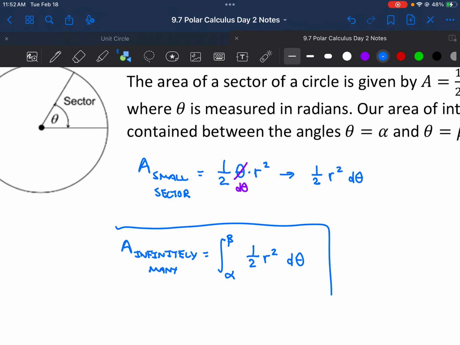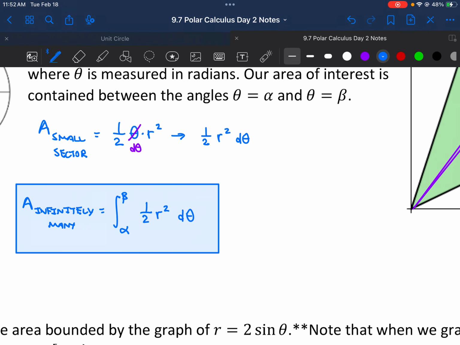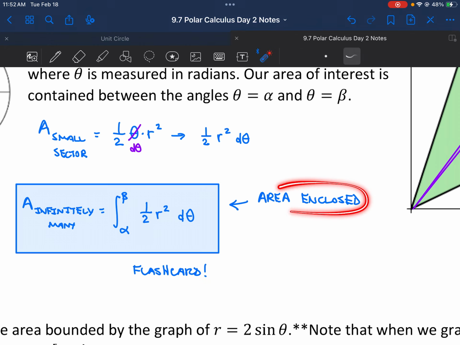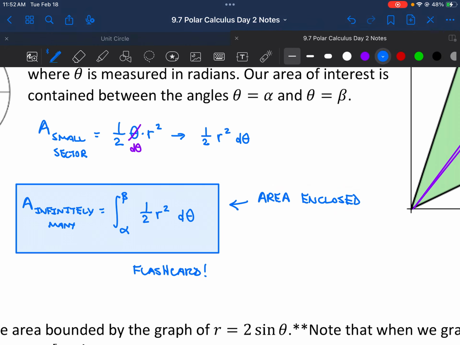You don't need to put the infinitely many part there, but basically this is going to be area enclosed for polar curves. So one side, area enclosed, then on the other side, the integral from alpha to beta, 1/2 r squared d theta.